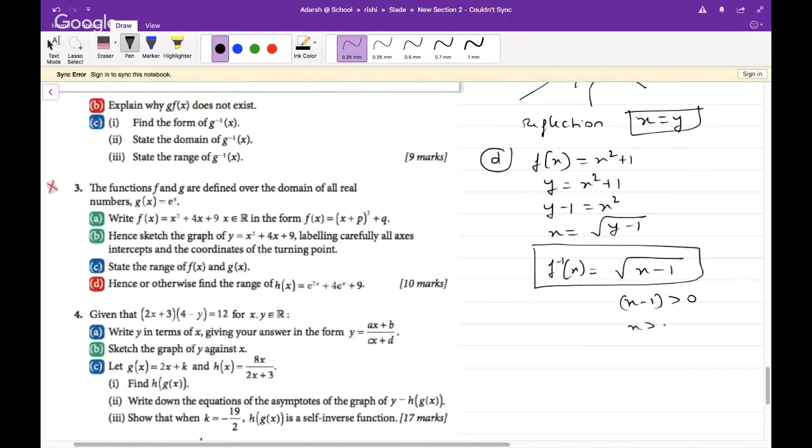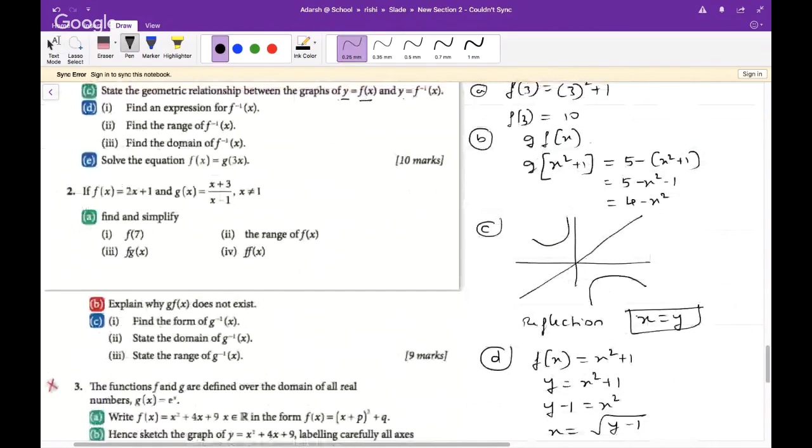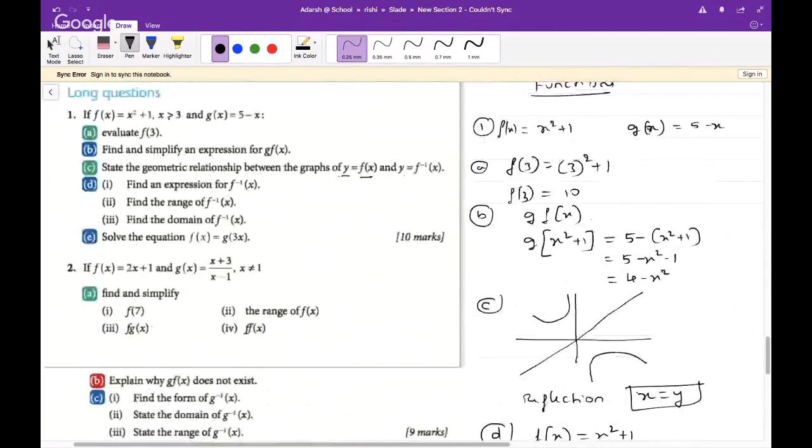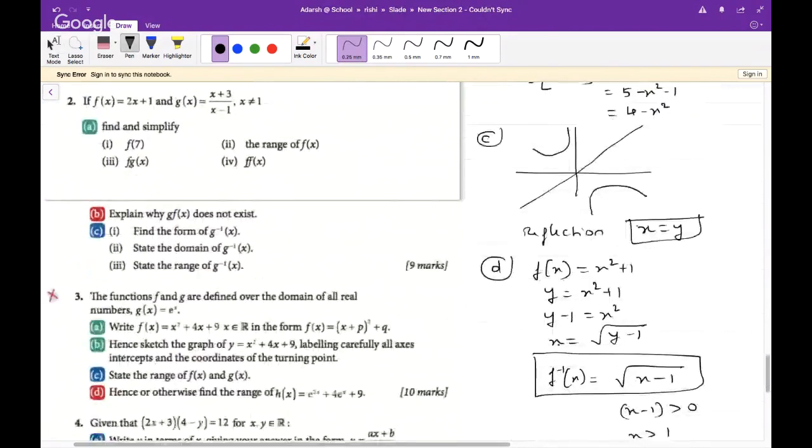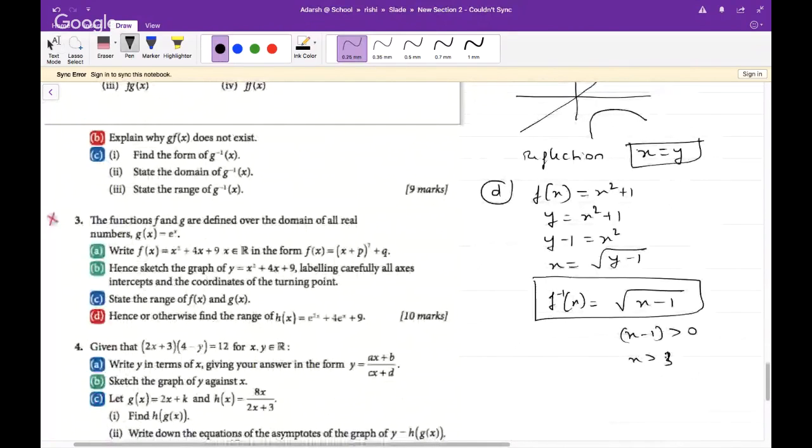So x should be greater than 1, but because the value of x is greater than 3, the input in this case is greater than 3. So the domain is the range for this. So x greater than 3 will be the answer.